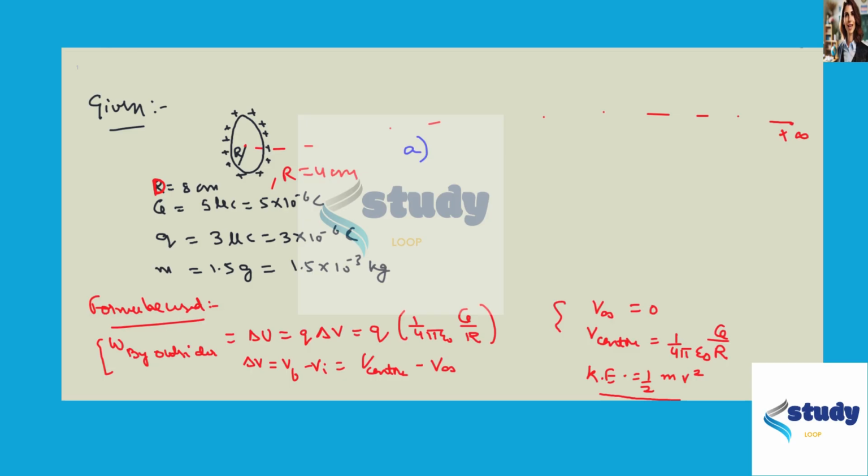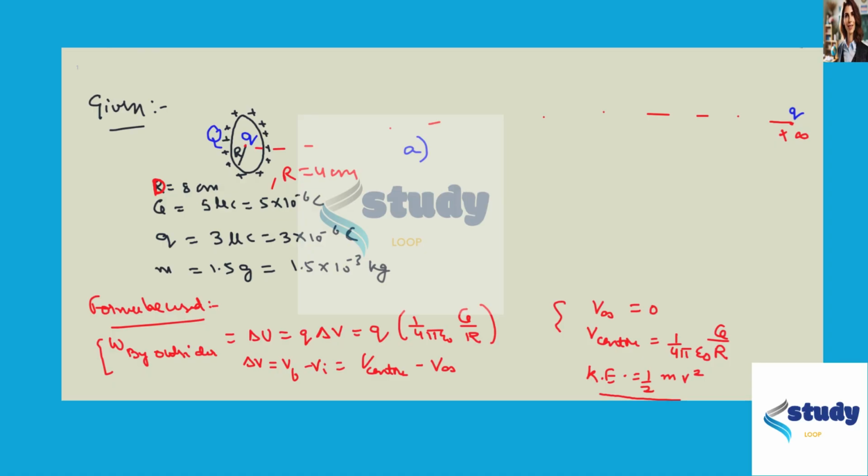Work done by the outsider is delta U, the change in potential energy, which equals the charge brought from infinity, small q, times delta V, where capital Q is on the ring.